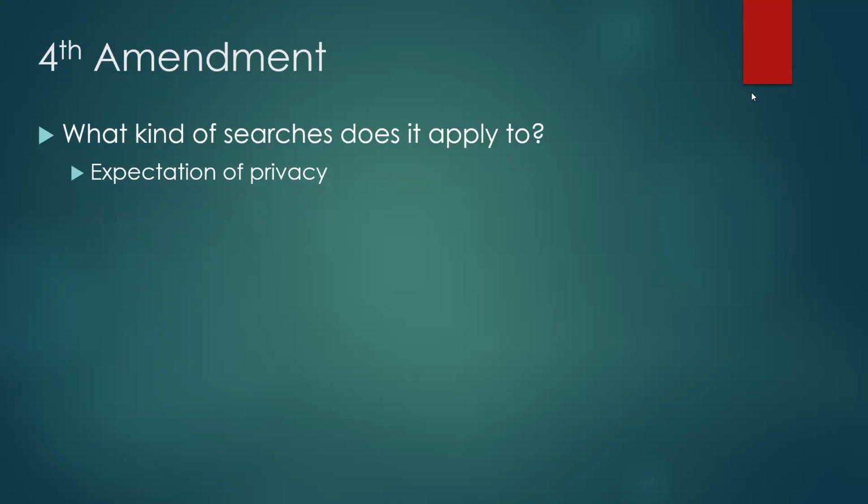So this is a privacy right, a personal privacy right. It's not just a matter of location or physical intrusion. It applies to words, it applies to information, anything over which a person has a reasonable expectation of privacy. A search of that is protected by the Fourth Amendment.